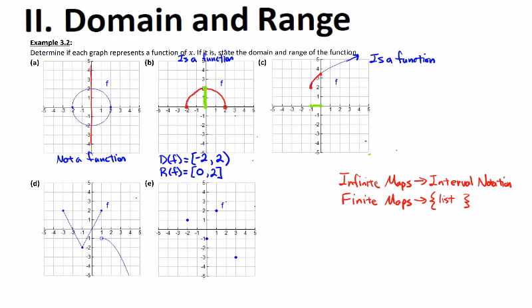But as I continue to go along this curve, I'm going to continue to go further and further to the right, which means that I'm going to continue to use more and more x values over here in the positive direction. And since I'm not going to be stopping, I'm going to allow this graph to continue on moving to the right and up. That means that my domain is not going to stop either. The domain is going to continue to be accounted for moving to the right. So that means that it's unbounded on the right-hand side.